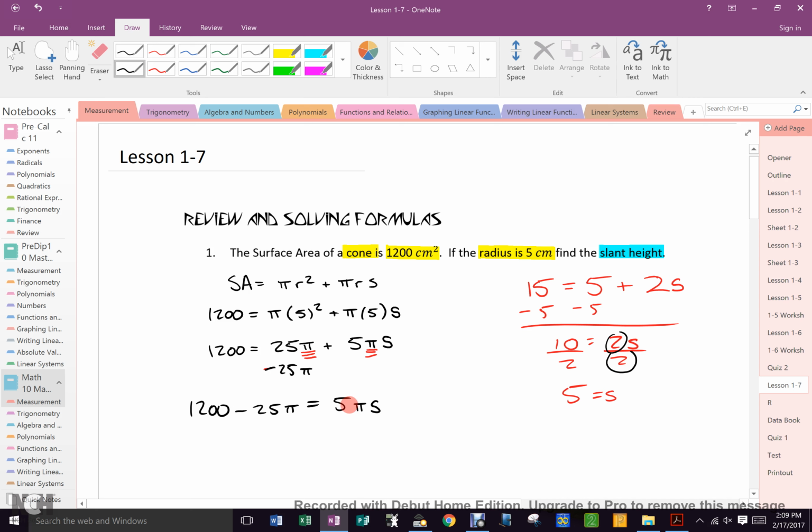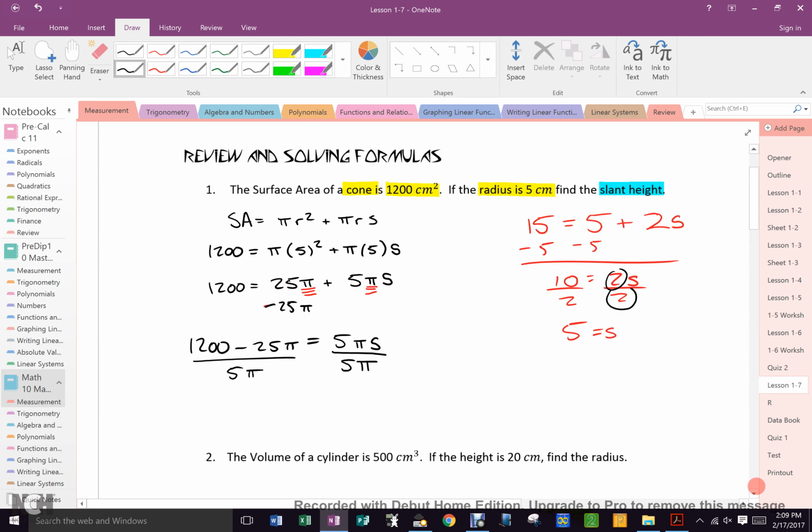This is 5 times pi times s. So I have to divide by 5 pi. Over here as well. So my s is now by itself, and it equals 1,200 minus 25 pi divided by 5 pi.